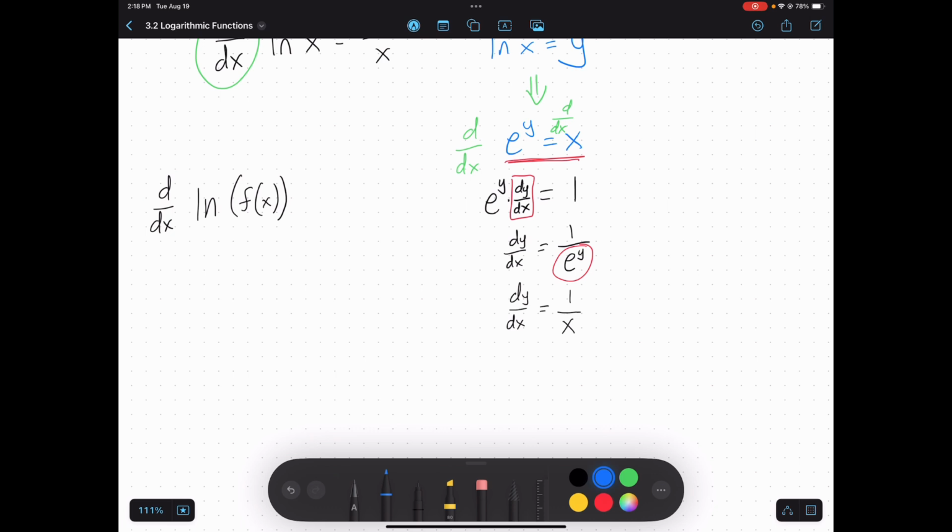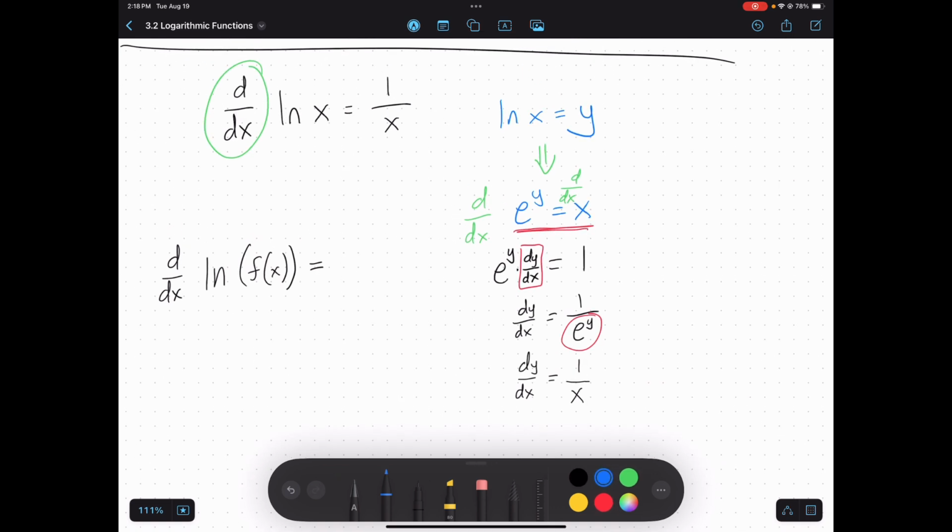What does the chain rule tell me? The chain rule tells me that the derivative is going to equal the derivative of the outside function. My outside function is this natural log. And so what's my derivative? It's just 1 over x, or 1 over whatever the input is. So in our case, that's 1 over the inside function, f of x.